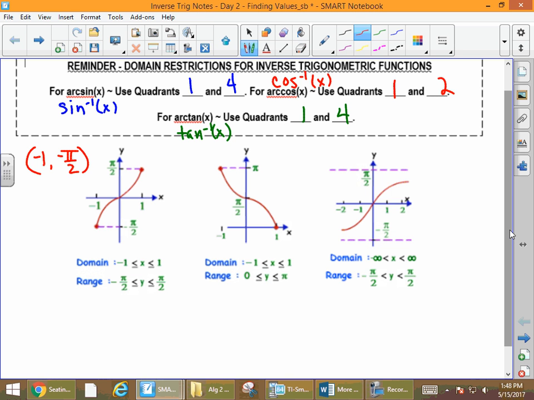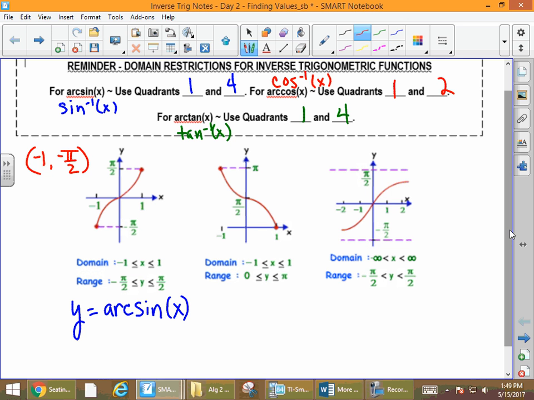And if you think about it, what's the sine of negative pi over 2? Well, the sine of negative pi over 2 is negative 1. By the way, I kind of got ahead of myself because I realized that this graph is y equals arc sine of x, and I didn't label that.